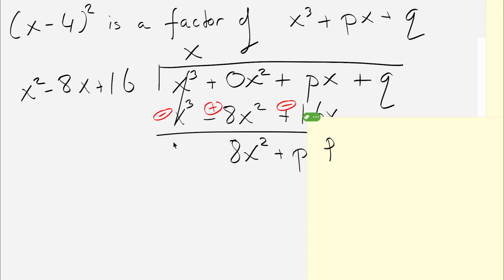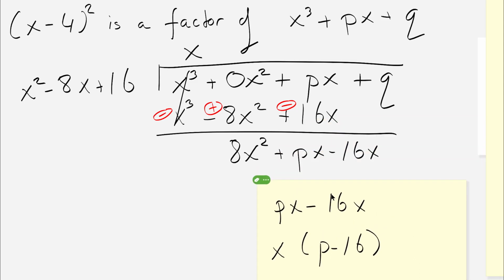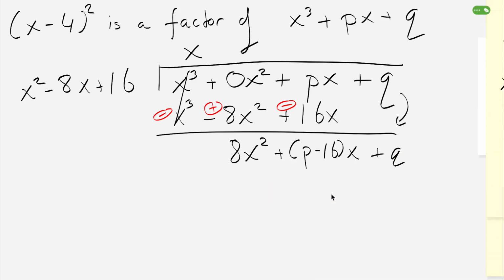If you factorize out the x, you'll have p - 16. So the way I like to look at it is p - 16 is the coefficient of x in this case. So rather than calling it px - 16x, I'm going to call it (p - 16) times x. And then we haven't used the q yet, so plus q.